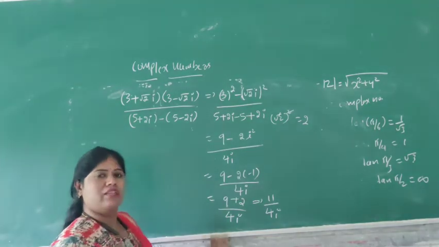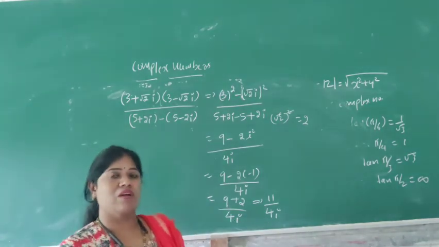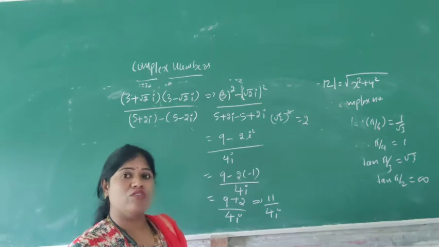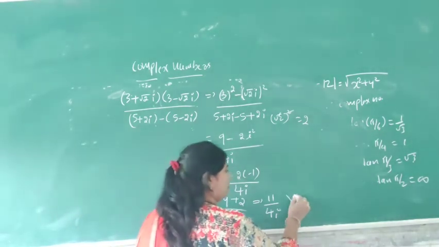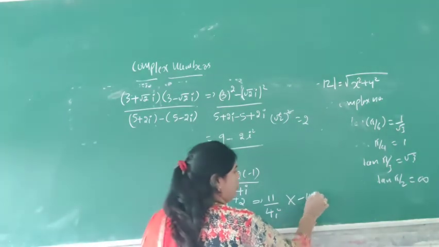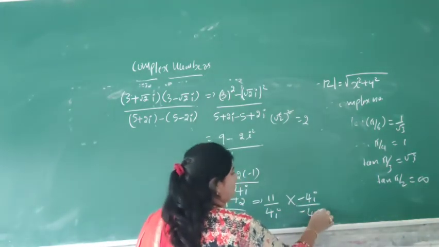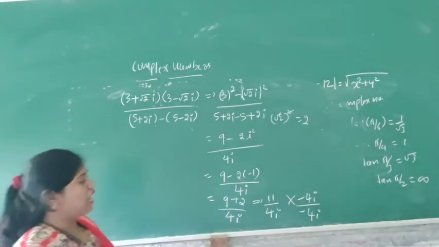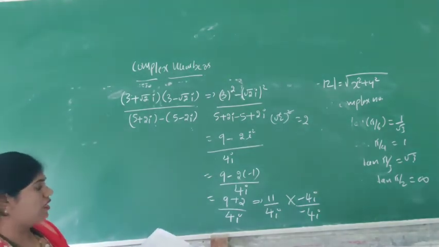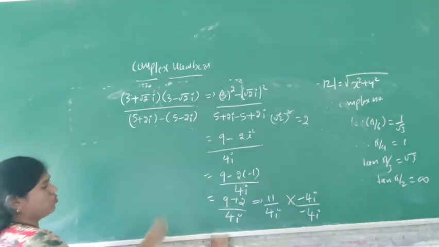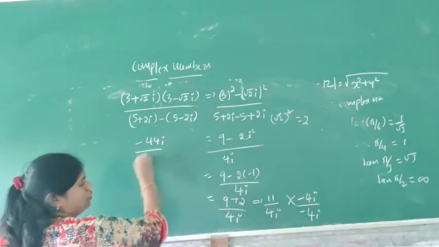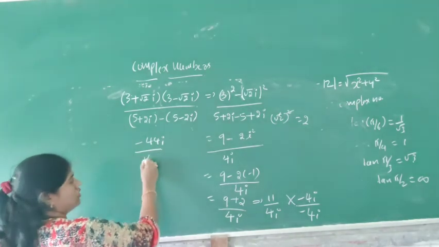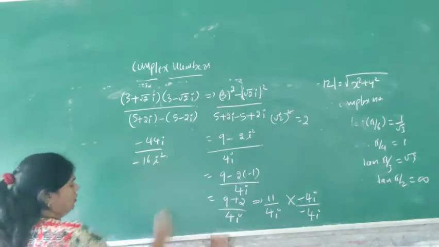Did we get it in A plus IB form? No, again we have to rationalize the denominator. So how will it be? Multiply by minus 4I divided by minus 4I. This is rationalizing the denominator. So 11 fours are minus 44I, and 4 fours are 16 I square.